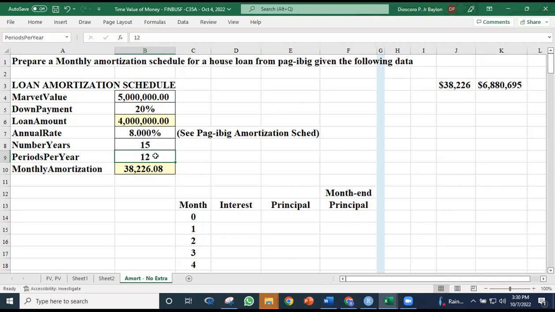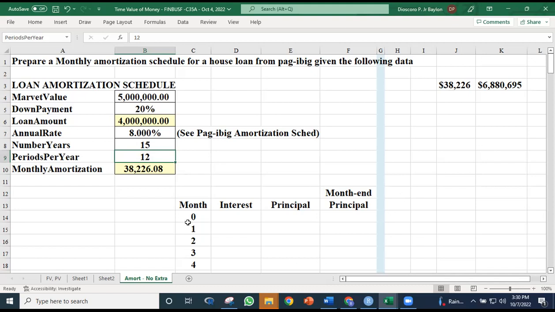Sometimes there may be spaces in between. When you do that, Excel, as I said before, will automatically put an underscore because you can only give one whole name, no spaces, for a particular cell. That's why here we purposely did not put a space between down and payment.